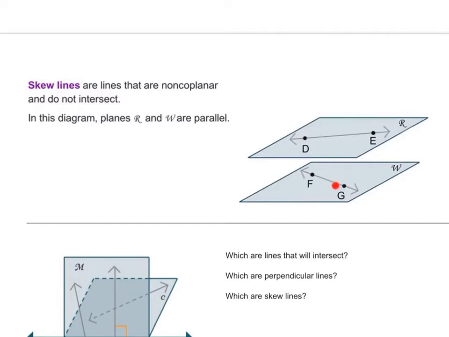Line DE is not on the same plane as line FG, so they're not going to intersect.